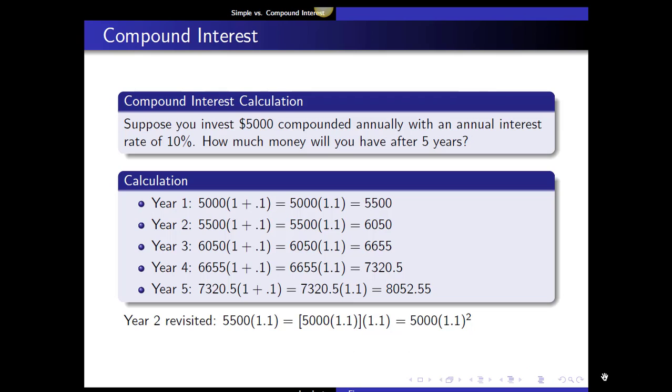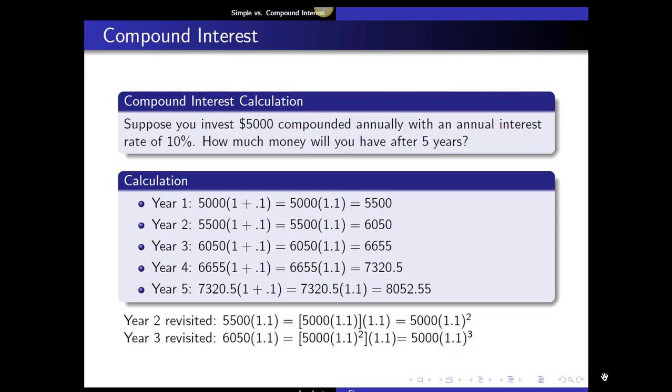So 6,050 is the same as 5,000 times 1.1 squared, whereas year 3, if we take the 6,655, you can write that as 6,050 times 1.1, which is the same thing as 5,000 times 1.1 squared times another 1.1. If you multiply 1.1 squared and 1.1, that gives you 5,000 times 1 1/10 cubed.